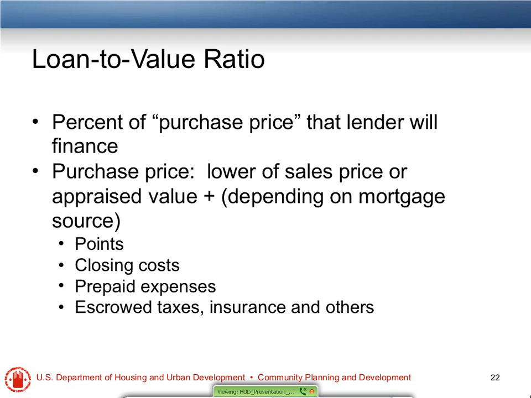Again, we want to look at the first thing the bank takes into account, and that is the loan-to-value ratio. They're going to finance a percentage of the fair market value of the home or the purchase price of the home. With conventional financing, we're typically talking about a loan-to-value ratio of no greater than 80%. So, quick example, if the home appraised for $100,000, the bank would be willing to finance 80% of that, or $80,000.